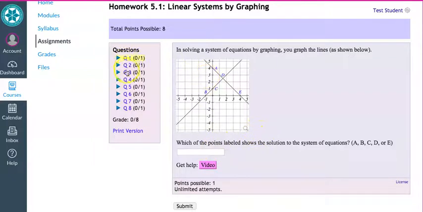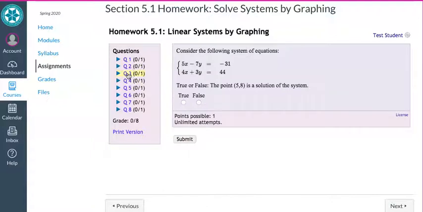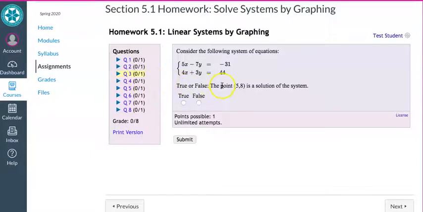Let's pick a question. It says, true or false, the point (5, 8) is the solution to the system. For a point to be a solution, the x and y values need to make both equations true.